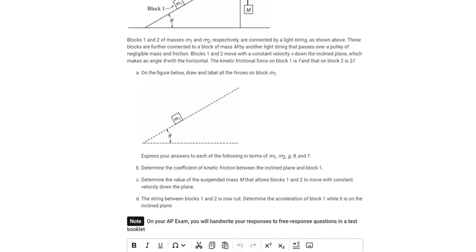And then for D, the strings between blocks 1 and 2 are now cut, and then we determine the acceleration of block 1.